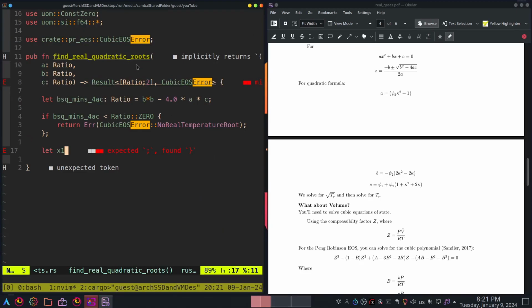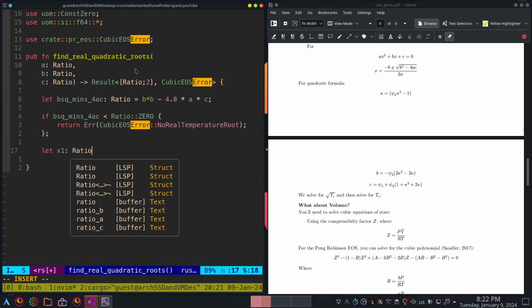So for sure, when you find quadratic roots, I'm going to have two distinct roots, or at least two equal roots, if the discriminant is more than or equal to 0. So that's what we are going to be doing here. Okay, so x1 is a ratio.